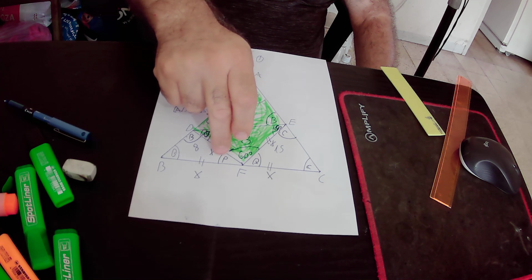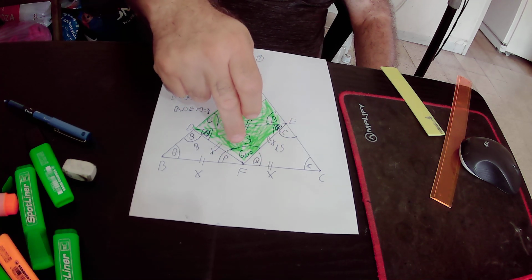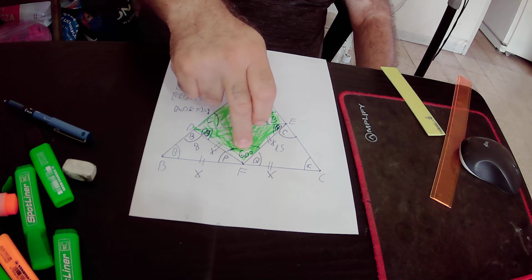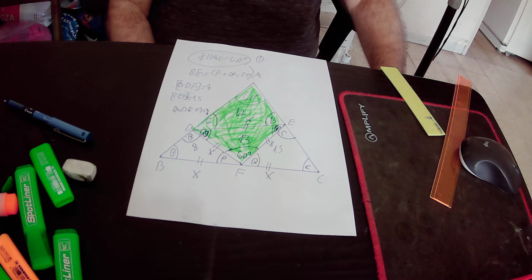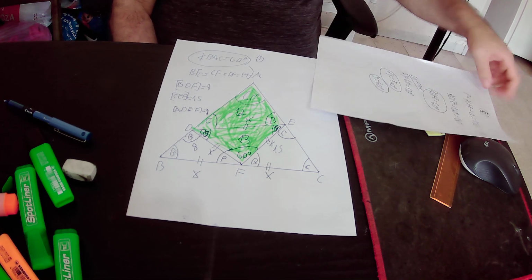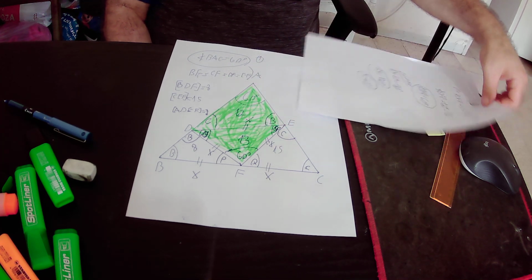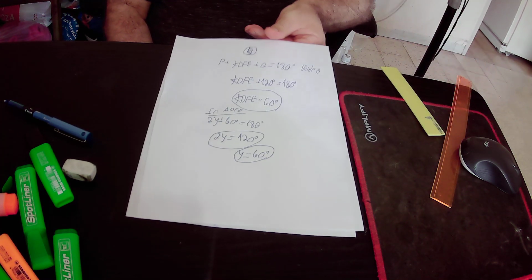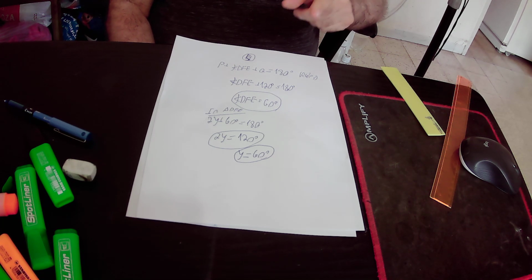So angle P plus angle Q plus angle DFE must be equal to 180 degrees according to rule number 3. So again, angle P plus angle Q plus this angle equals 180 degrees.